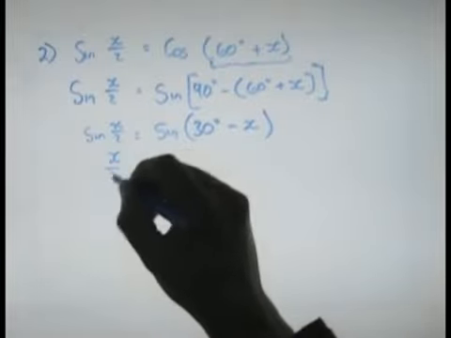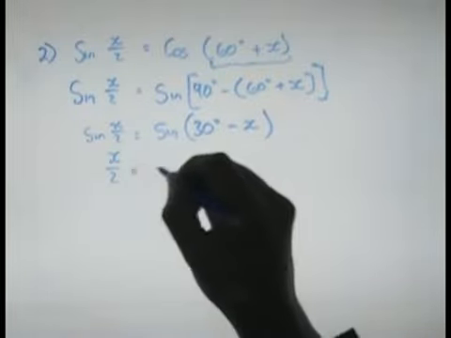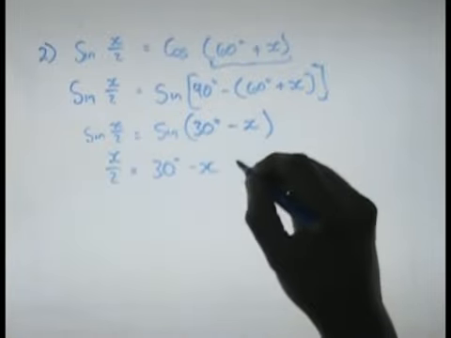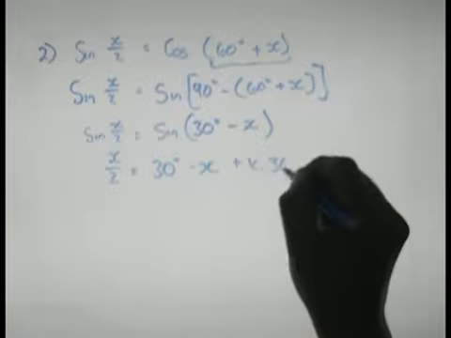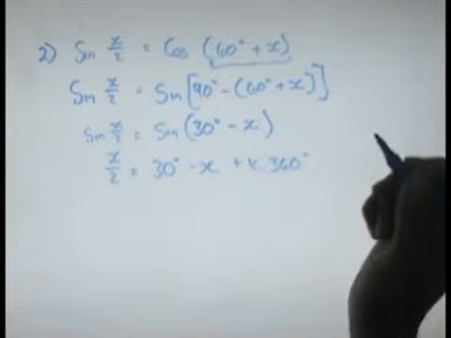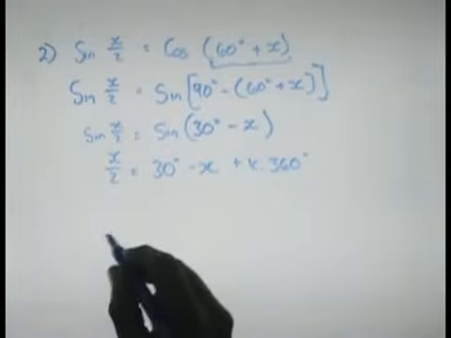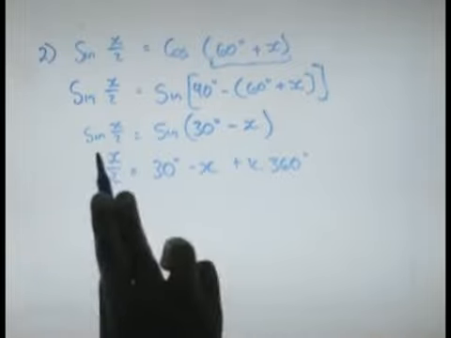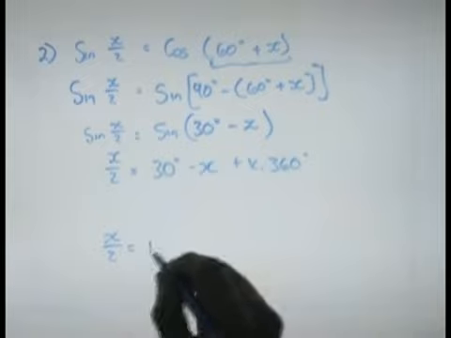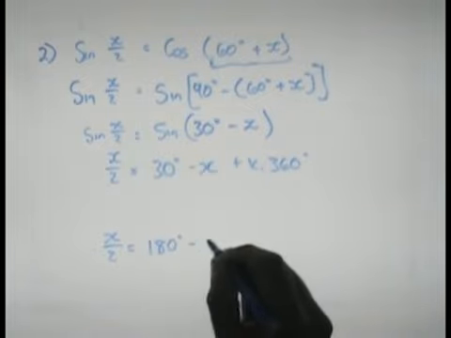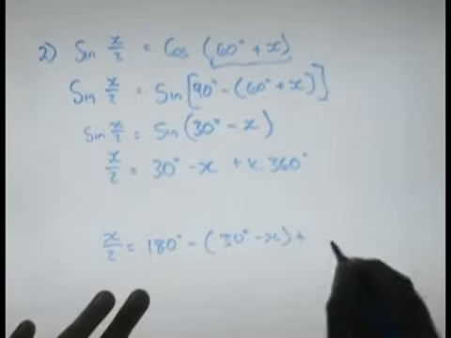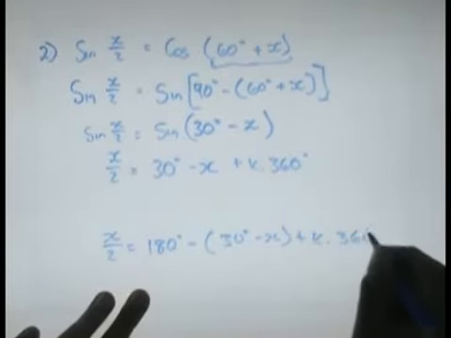That means that x over 2 is either equal to 30 degrees minus x plus k times 360 degrees, or x over 2 is equal to, what's the other quadrant we work with for sine? 180 degrees minus (30 degrees minus x) plus k times 360.